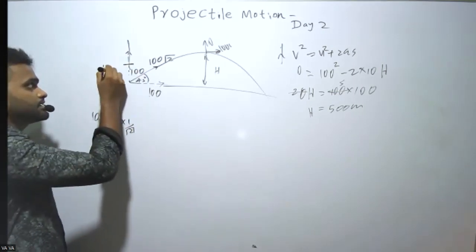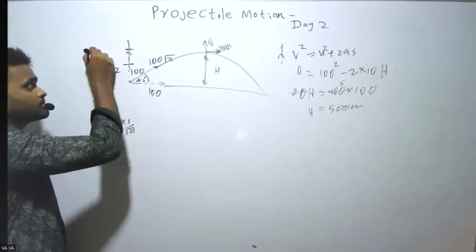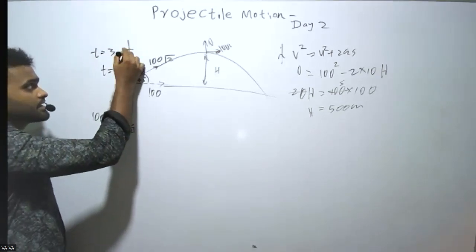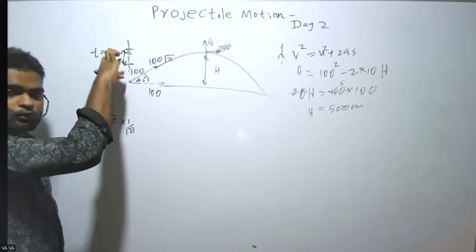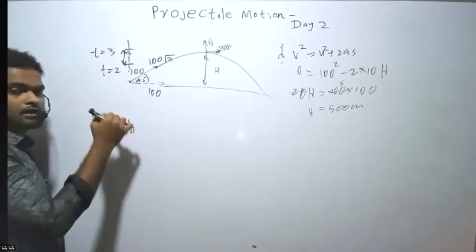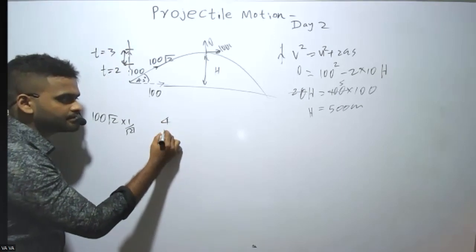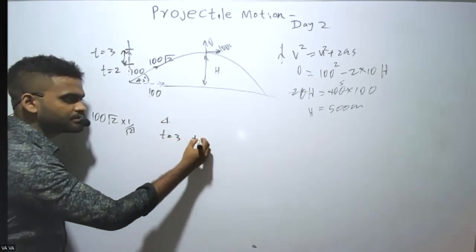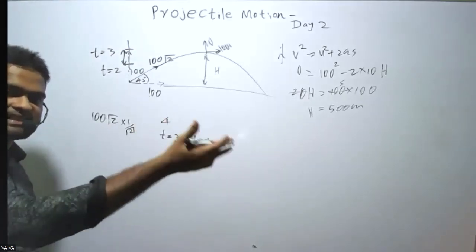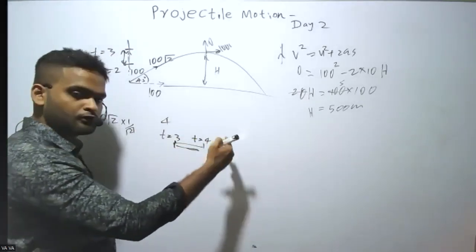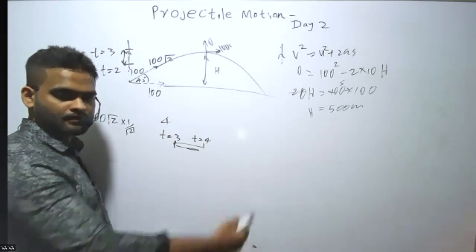Third second is t equals 2 to t equals 3. If we have the fourth second, it is t equals 3 to t equals 4. If you have the 60th second, 59 to 60.